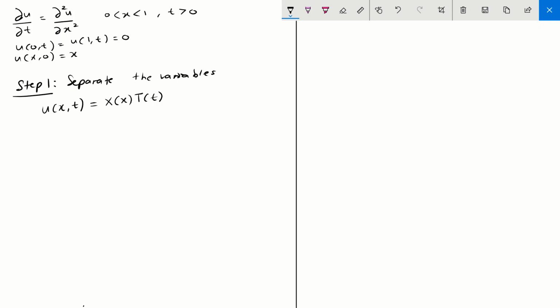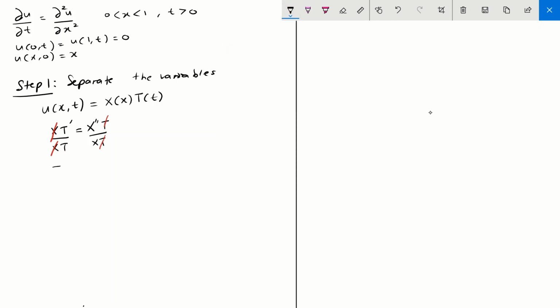On the left hand side, we have the first derivative of u with respect to t, therefore XT'. On the right hand side is the second derivative of u with respect to x, therefore X''T. We divide both sides by XT. Then we can simply cancel out the X variable on the left hand side and the T variable on the right hand side.